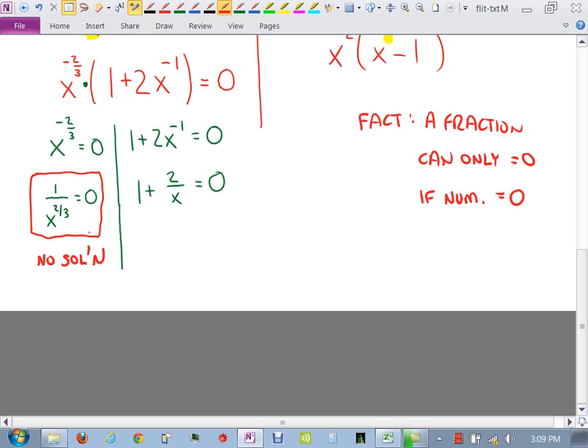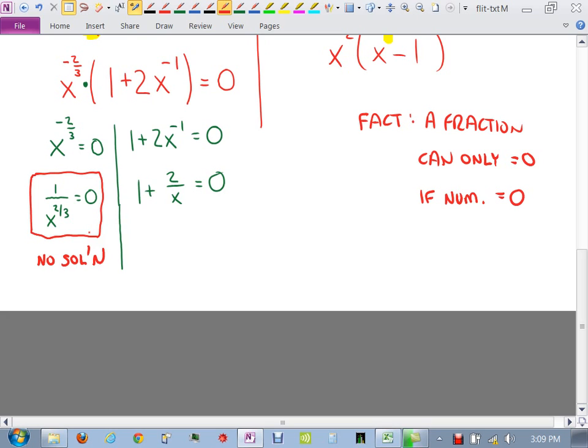There's no x you're ever going to be able to plug in that's ever going to give you 0. Do you agree? Let's pick any number you want. If you plug in 0, it's going to be undefined, but there's no number you can plug in that'll give you 0.